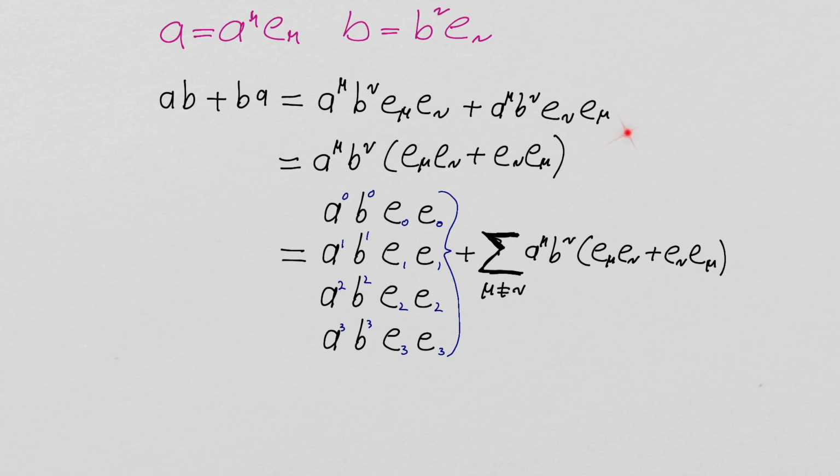And we just write it out. We just blow it up, right? The real numbers can pop out in front, and you're left with the spacetime products of these unit vectors. And then we pull out these two real parts right up front, right? So we get A mu B nu, E mu E nu plus E nu E mu. And these are space-time products now. So you look, we just put the vectors right next to each other.